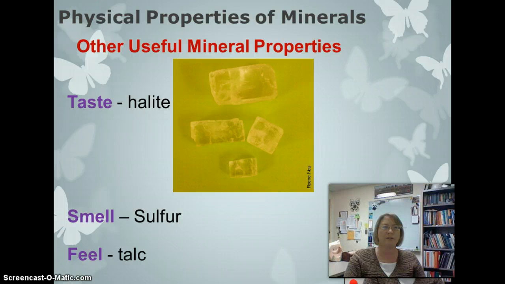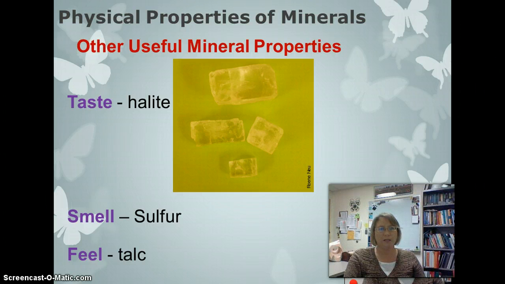Lastly, I talked about how we had other useful mineral properties that some samples will display. For example, taste. Halite, being salt, will actually taste like salt. It can be identified by the taste. Another special property might be smell. The mineral sulfur, for example, which is a yellow mineral, will also smell like rotten eggs.